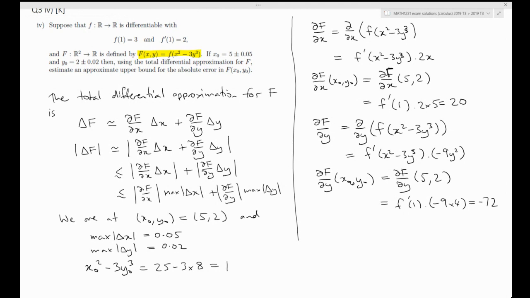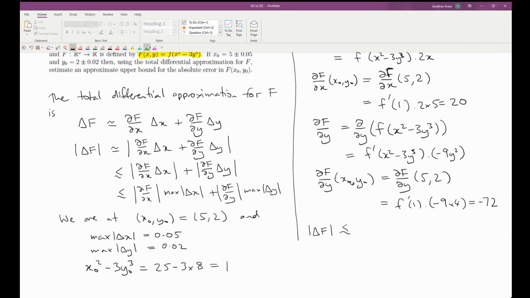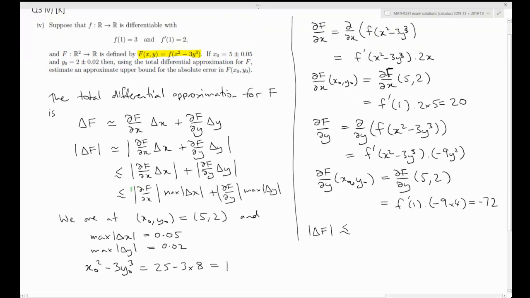Because what we want is that delta F is approximately less than, I'm just going to use the formula, I'll just highlight the formula. So that's this formula here I'm using.